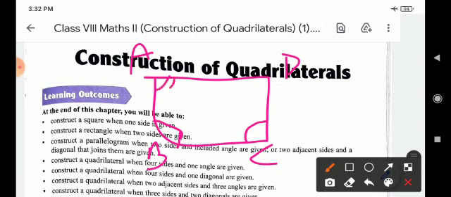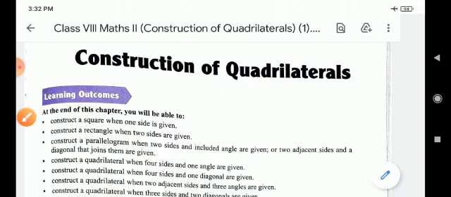Angle A and angle D are also adjacent angles. We know that two angles of a quadrilateral having a common arm are called adjacent angles in the given quadrilateral ABCD.